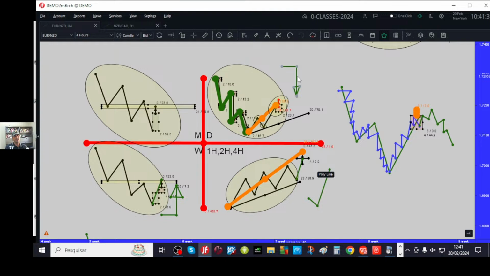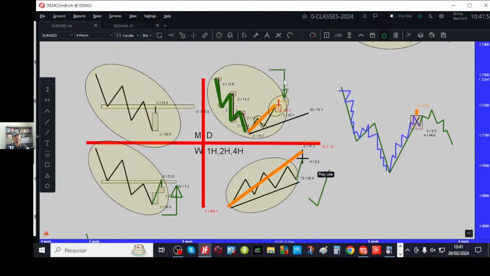Make sense? You are focusing on the 1 hour, 2 or 4 hour chart, and maybe you are not bothering enough with the daily. Extension, retracement, extension.